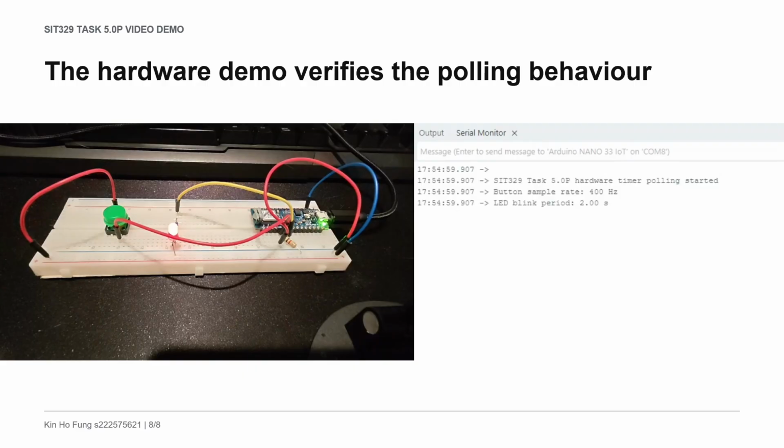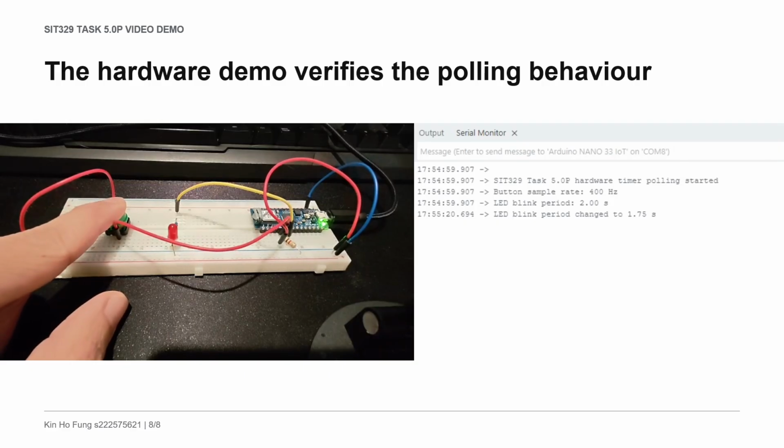For the final demonstration, I uploaded the sketch. At startup, the system prints the 400 Hz button sample rate and the initial LED blink period of 2 seconds. Each time I press the button, the serial monitor prints the new blink period. The LED should blink faster after each valid press.